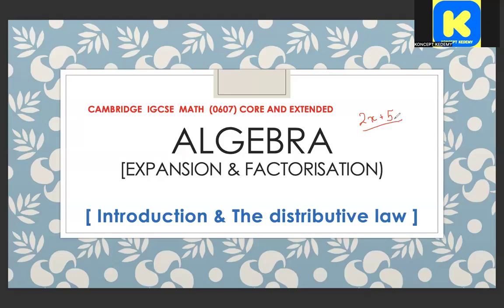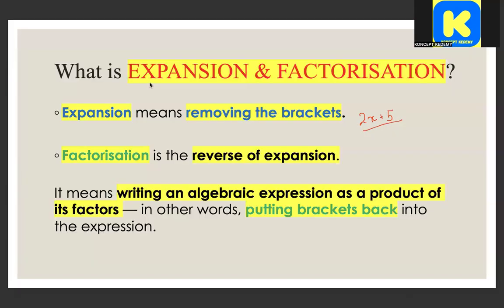Now we are going to learn what is expansion and what is factorization. As I already told you about an algebraic expression, now we are ready to discuss expansion and factorization. What is expansion? As you can see on the screen, expansion means removing the brackets. As an example of an algebraic expression, 2x into 5 plus y, where we have variables and constants.